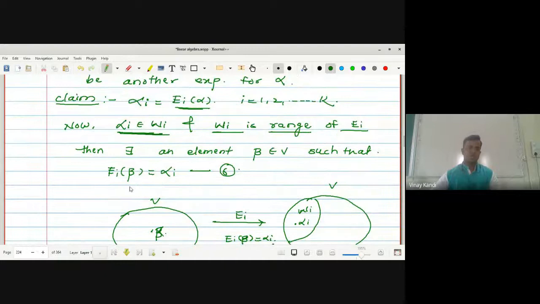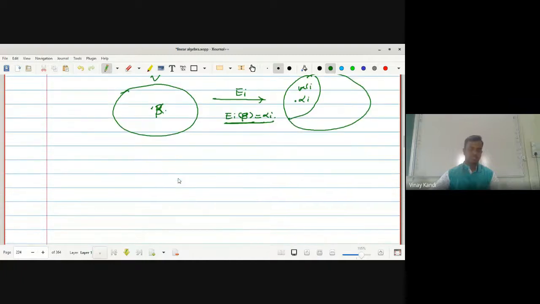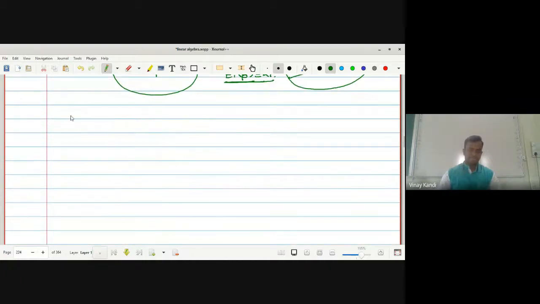Okay, E I of beta is equal to alpha I. Now consider E j of alpha, that is E j of alpha 1 plus alpha 2 plus up to so on, alpha j plus up to so on alpha k.